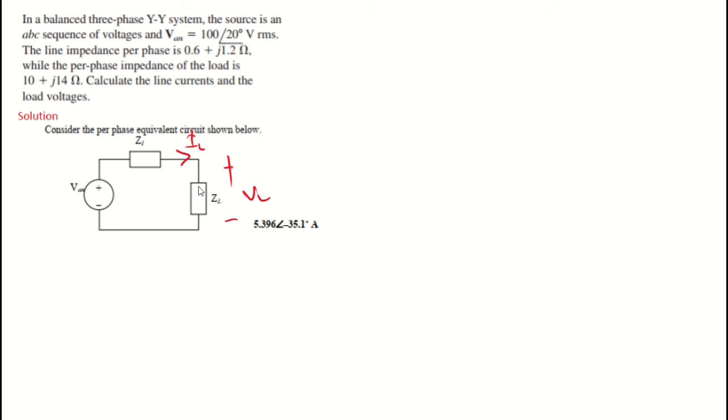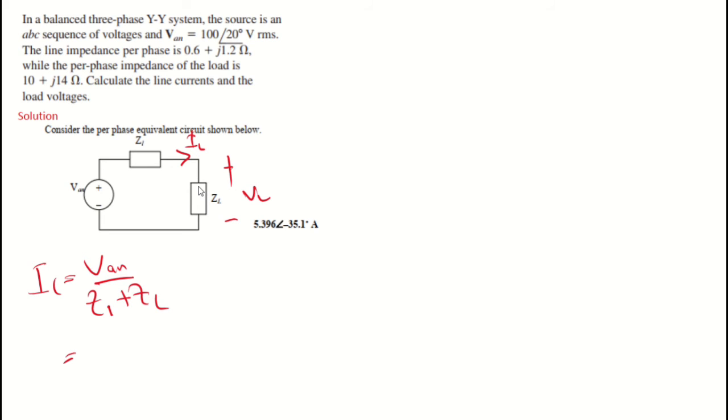To find IL, it's simple because it already gave you the voltage VAN. IL should be VAN over Z line plus Z load.